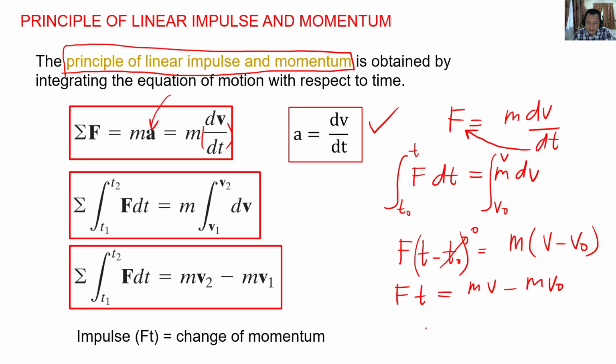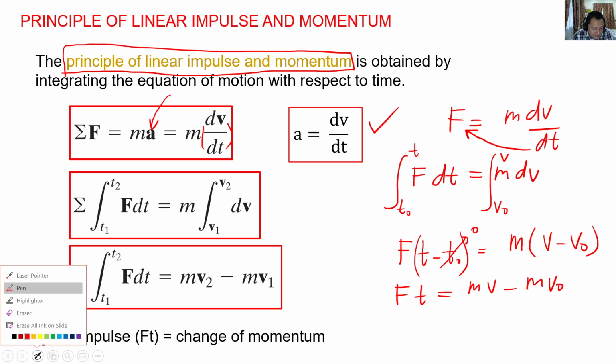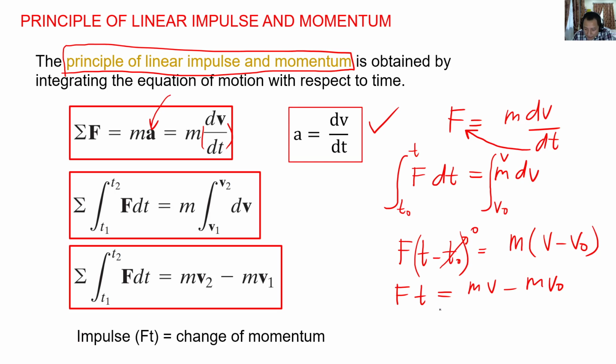Something like that. So these two things: F times t is called impulse. What is the unit for impulse? Newton second. This is something called momentum: m times v is momentum.